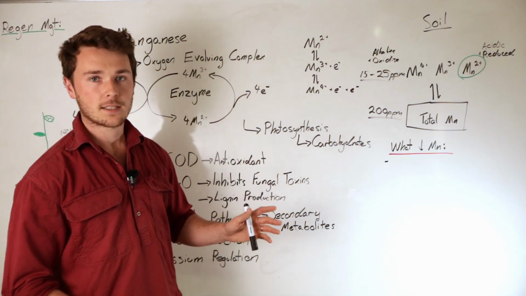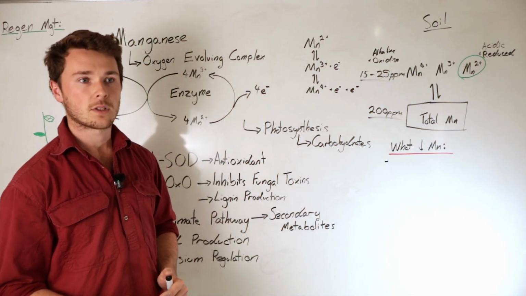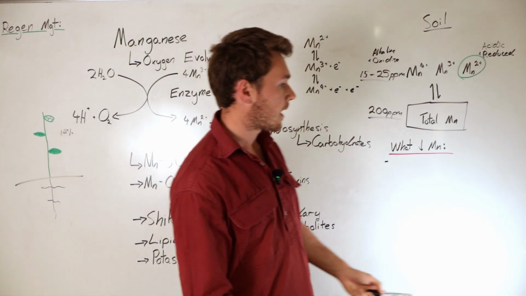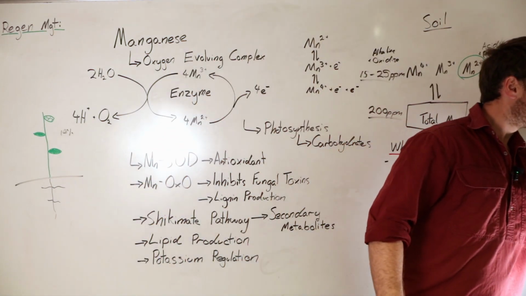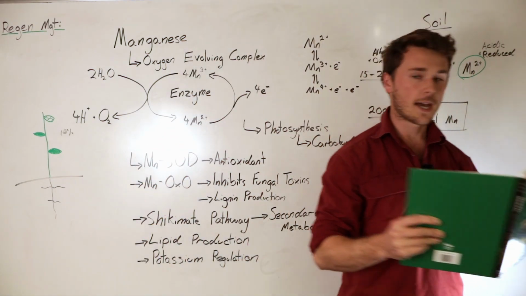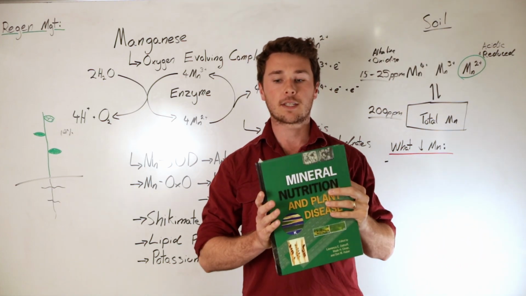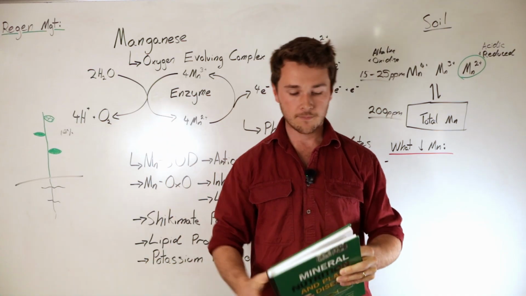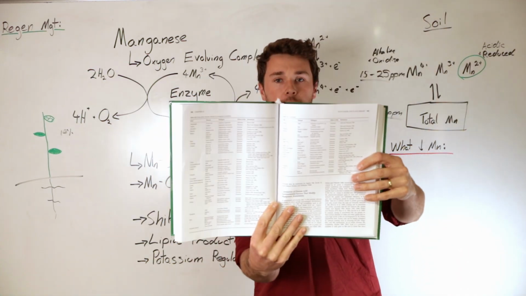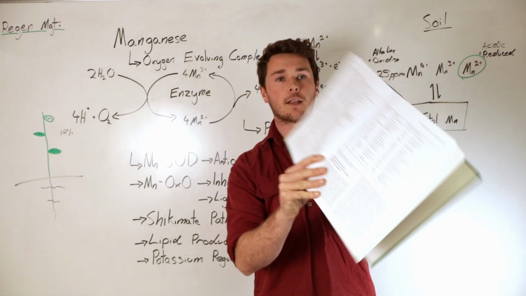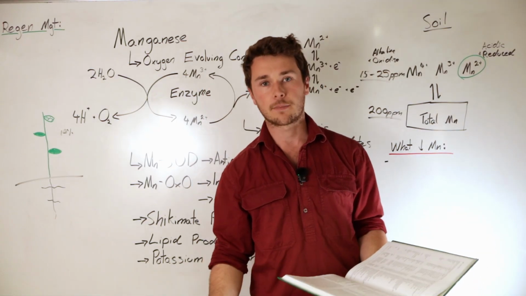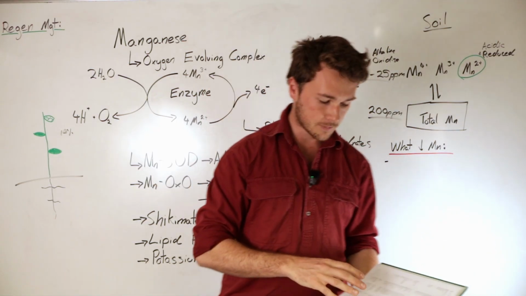So manganese has been pretty well studied in terms of take-all in wheat. And if you have a copy of this book, it's a fantastic book. It will tell you basically everything you need to know about each of the minerals and how they relate to diseases. And so you can see here, there's a whole bunch of different tables and references to different effects of manganese on that particular disease in a particular plant.